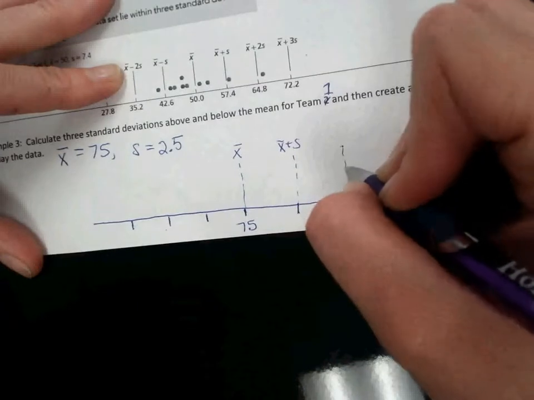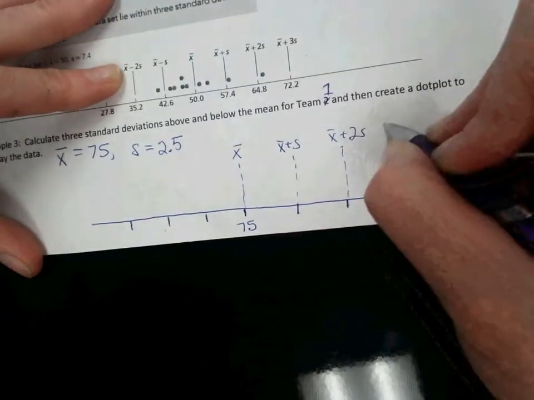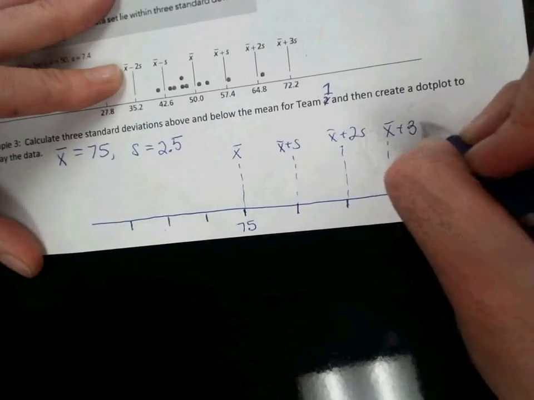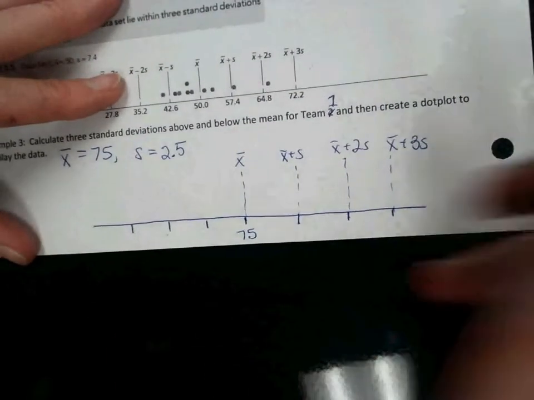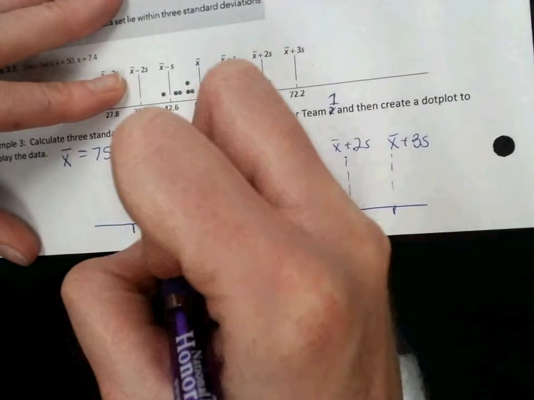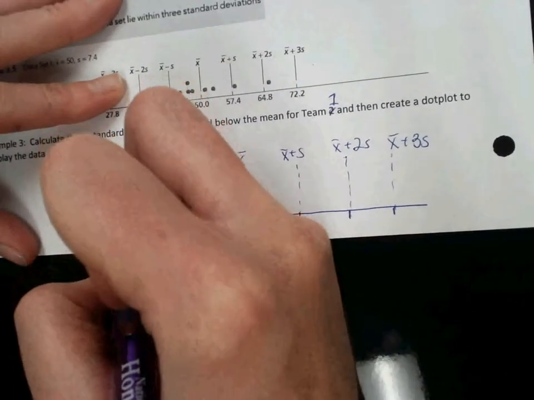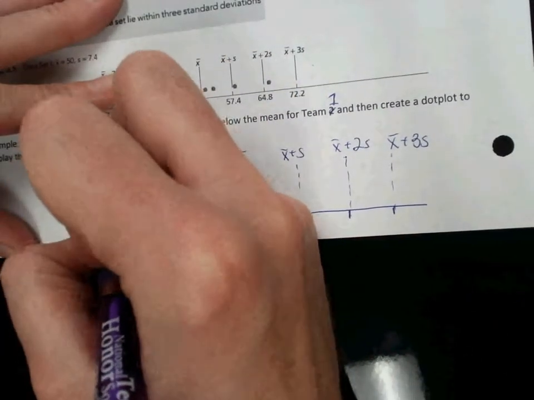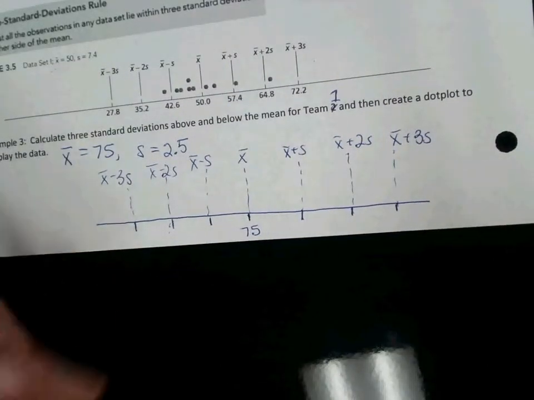And we can label those x bar plus s, x bar plus 2s, x bar plus 3s, we'll do x bar minus s, x bar minus 2s, x bar minus 3s.